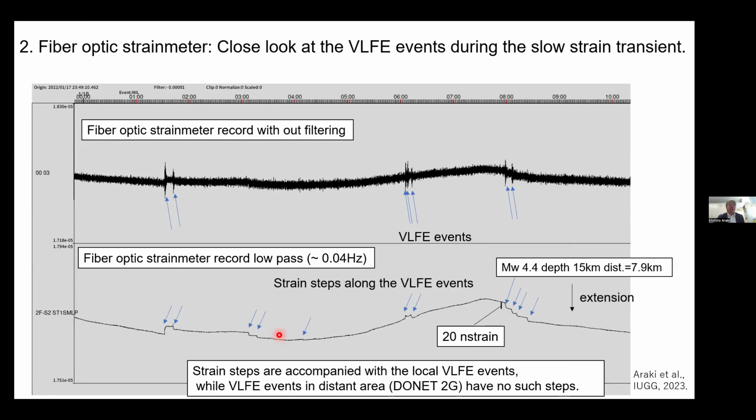If we look at the strain record for each local VLF, like here, we observe, interestingly, not only the seismic waves from VLFs, but small slow strain steps with each event, such as here, about 20 nanostrain. This is a very unique observation because distant VLF events didn't show such steps, but only seismic waves like above.